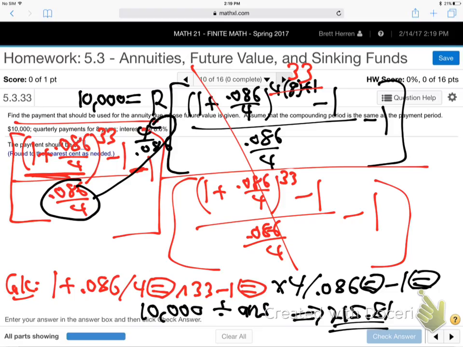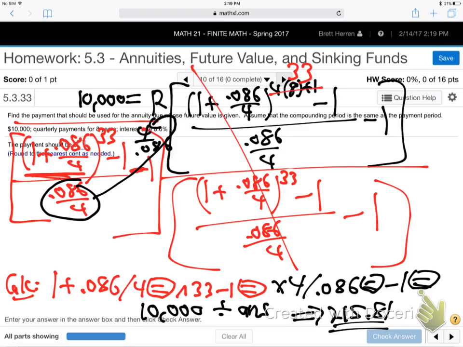One of the tricky parts on this big mess is remember a denominator in a denominator, right? Fraction in the bottom of a fraction. Remember, you flip that up, but that's before you do the -1 that's after the fraction. This 0.086/4 is part of the fraction. So after you do the whole numerator, including the -1 up in the numerator, hit equals, right?